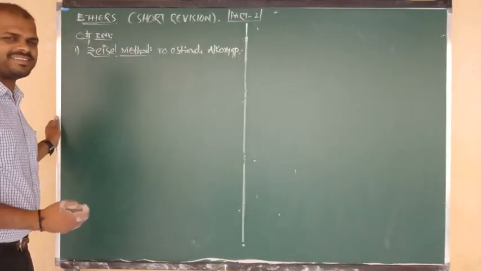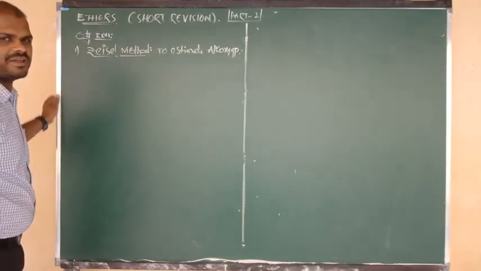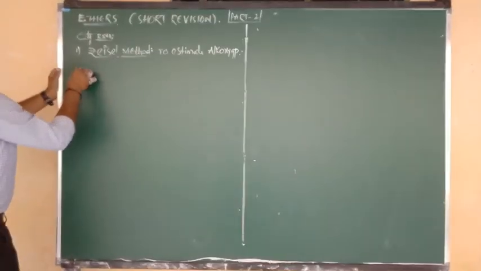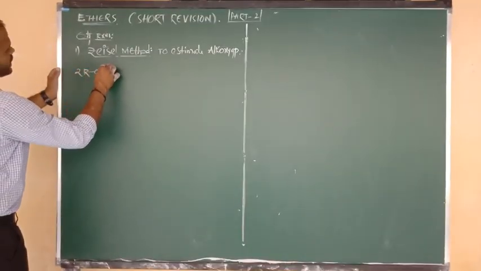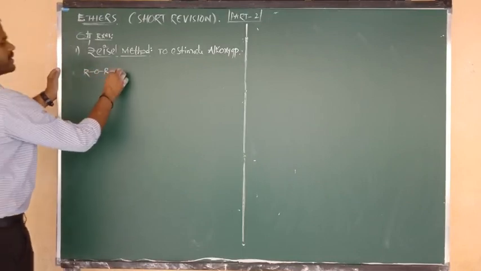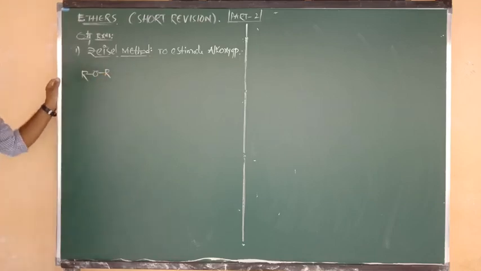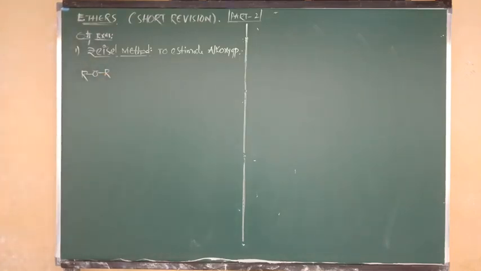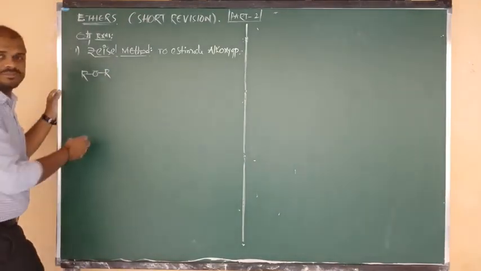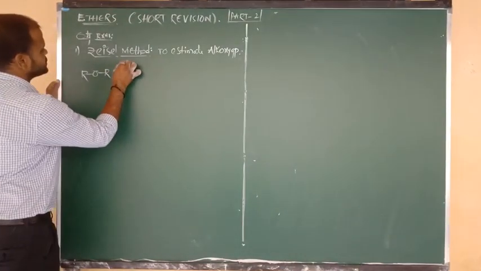Every ether contains 2 alkoxy groups, but I am going to show the reaction. Only 1 mole of ether. First of all, it undergoes reaction with what, beta? Concentrated HI.